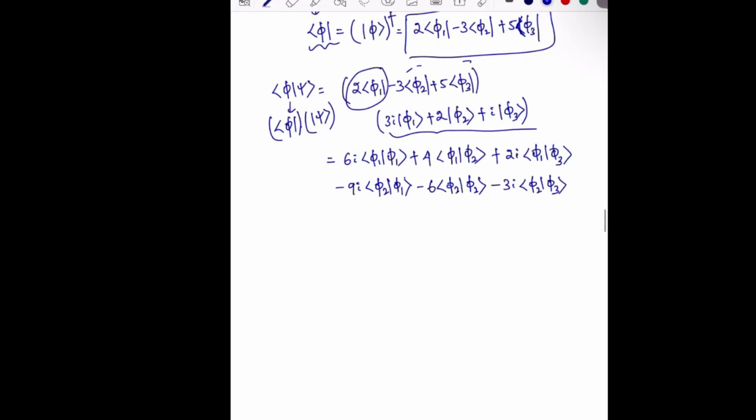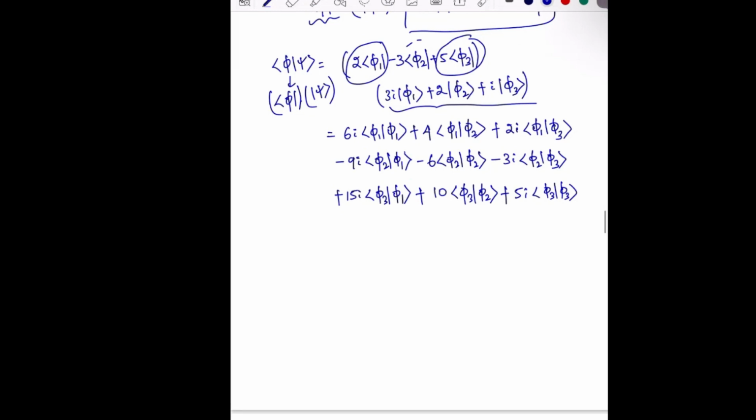And if you take the third term, 5 phi 3, then it will be 15i phi 3 phi 1 plus 10 phi 3 phi 2 plus 5i phi 3 phi 3.